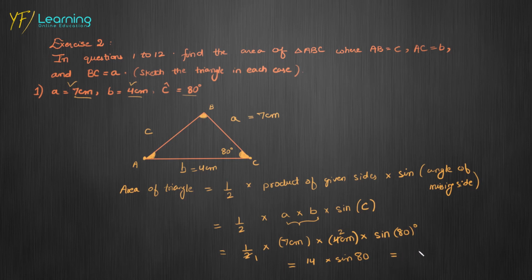So 14 times sine 80 is equal to 48.3 centimeter square. So the area of this triangle is 48.3 centimeter square.